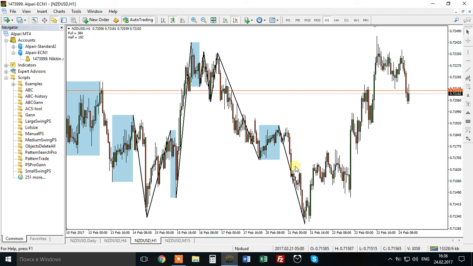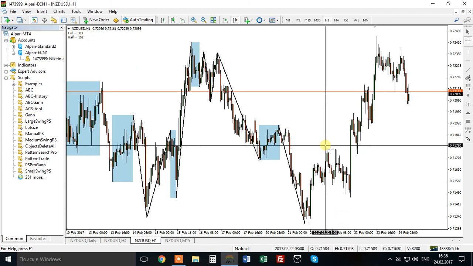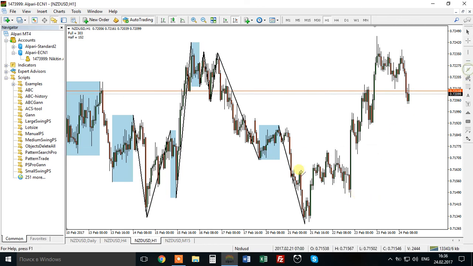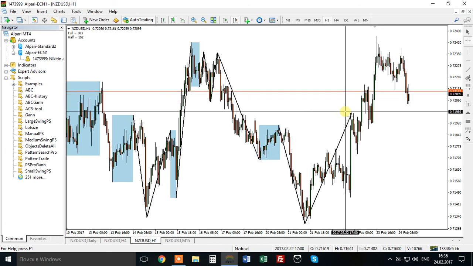So trend is to the downside. Recalculated, 303 is again that ACS. 303 is full. 301, no, we should skip this. So the next one is here, half, 15.5.